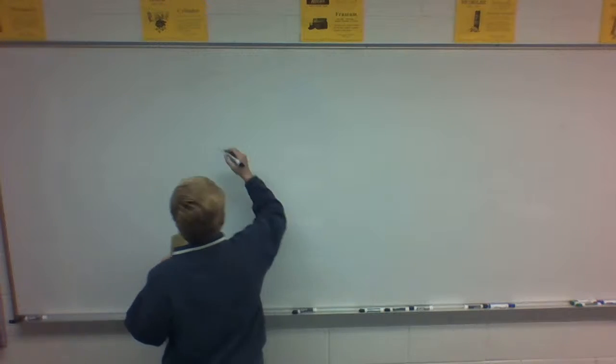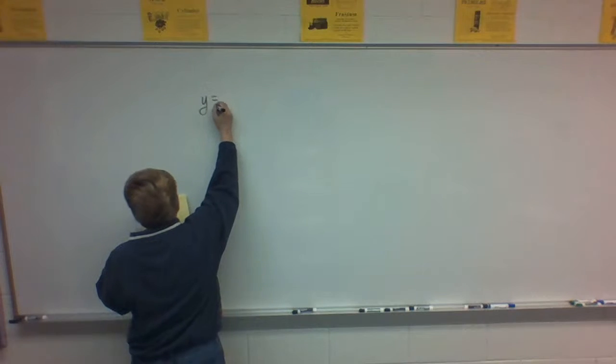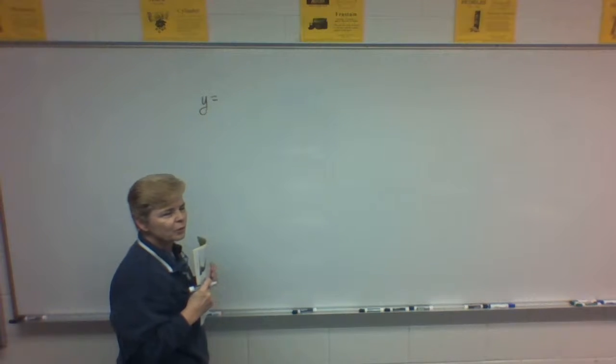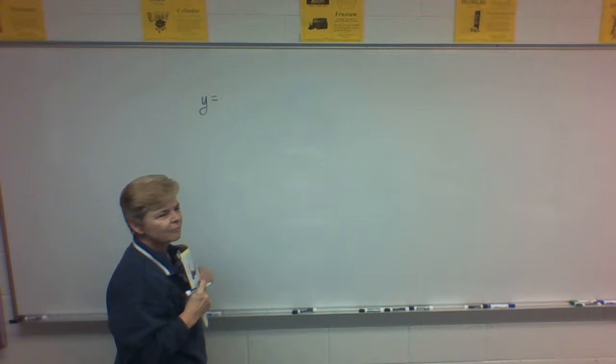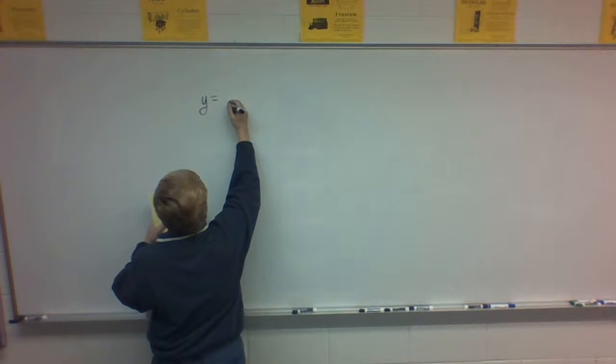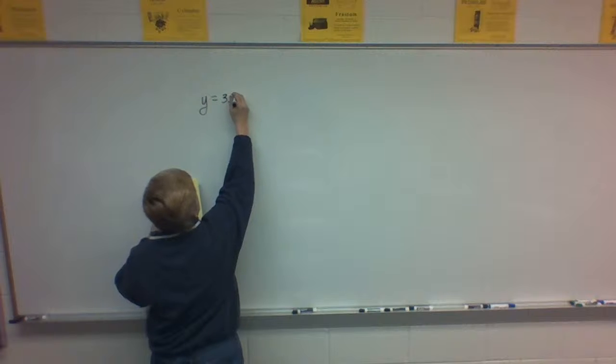That's why it's worth so much. Period, domain, range, and a million things. So consider this equation. I'll give you your choice. Do you want to do cotangent or tangent? Cotangent. All right, y equals 3.5, no, I don't want to do that.